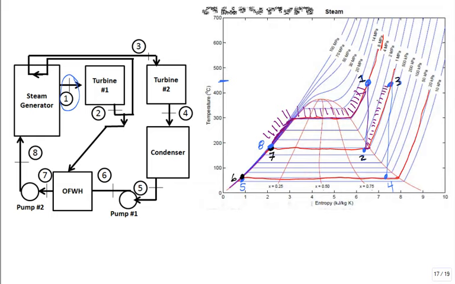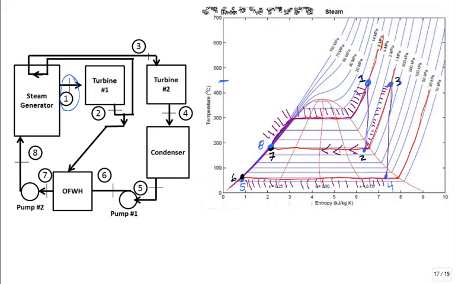Then I have it expand, and I condense, down to 5. Put it through the pump. I'm at 6. What happens from 6 to 7? Well, it's mixing. Some of the fluid at 2 was diverted.